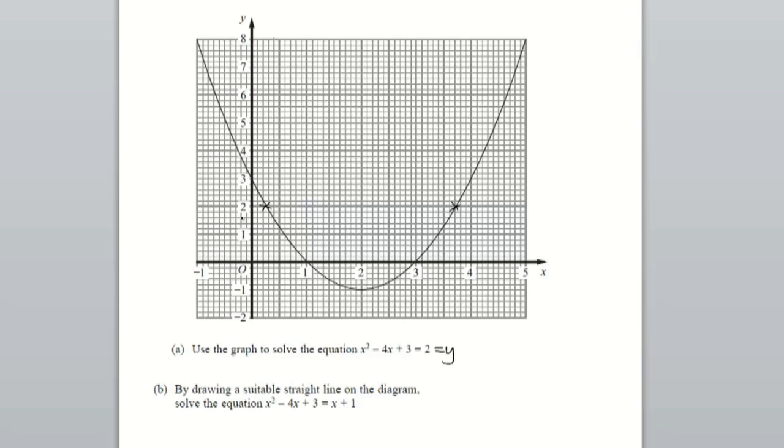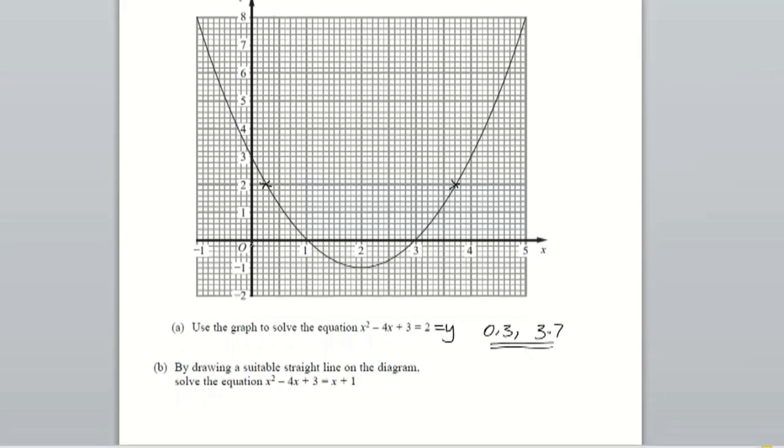So the values of x we're looking for are about 0.3 and 3.6, 3.7, give or take the accuracy of the graph.